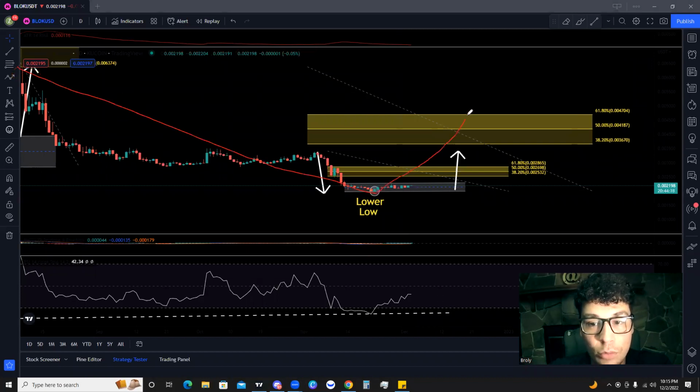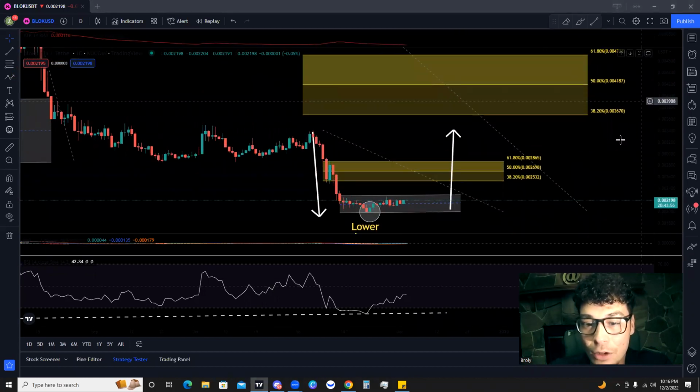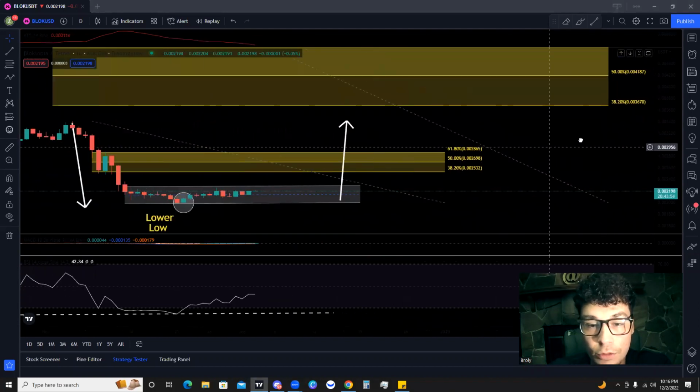We could possibly break out on Blocktopia and get a nice retracement level all the way up to about 0.0047, ultimately before deciding whether we're going to break out and start a reversal, or get that healthy retracement and a trend continuation to the downside. Now, before we do that, we have to break through these smaller retracement levels, right?